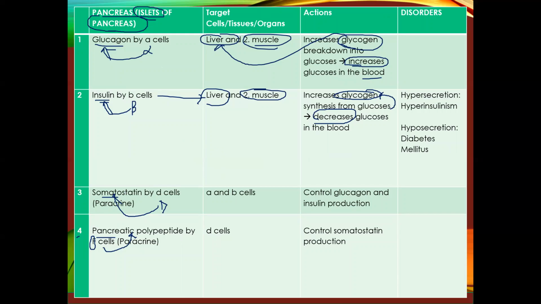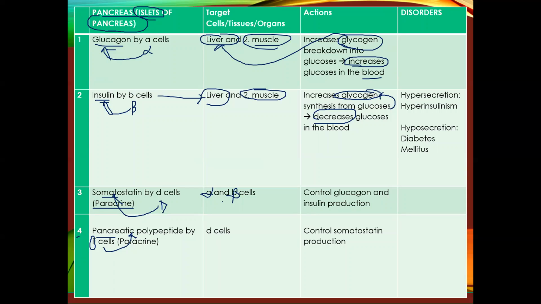Now, somatostatin, this hormone actually stimulates the alpha cell and the beta cell. So this is a paracrine hormone. Okay, paracrine hormones mean hormones that affect their neighboring cells, the nearby cells.